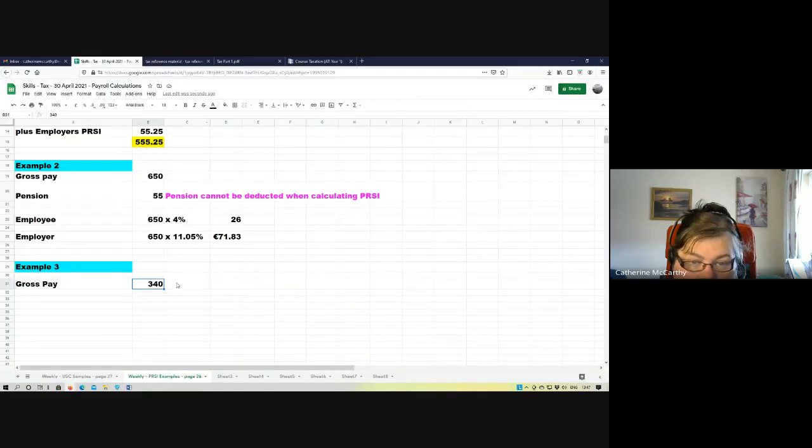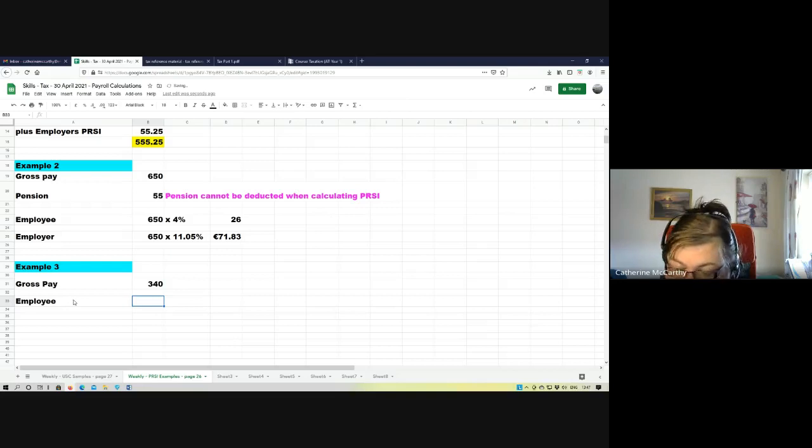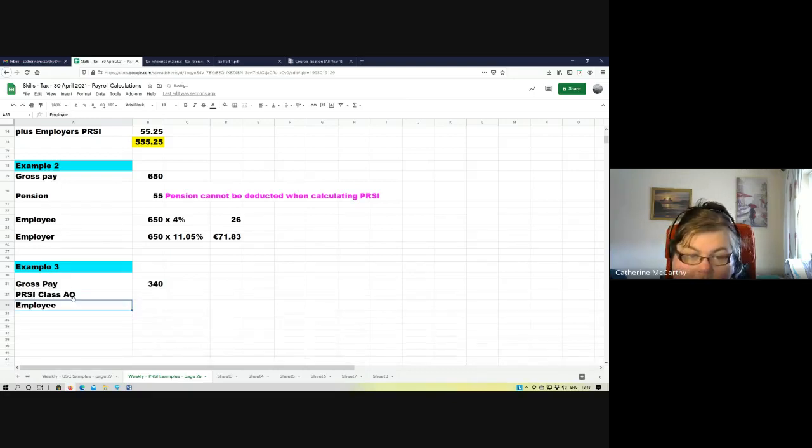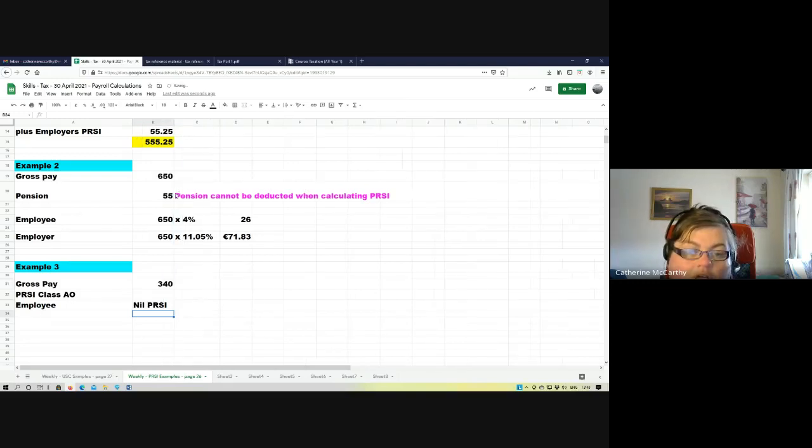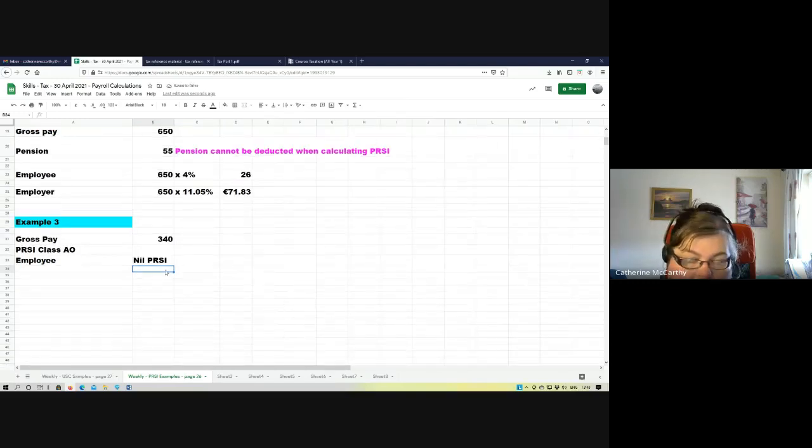So for the employee, it's PRSI class AO. The employee, no PRSI, nil PRSI. So if you earn between €38 and €352, you pay no PRSI as the employee.